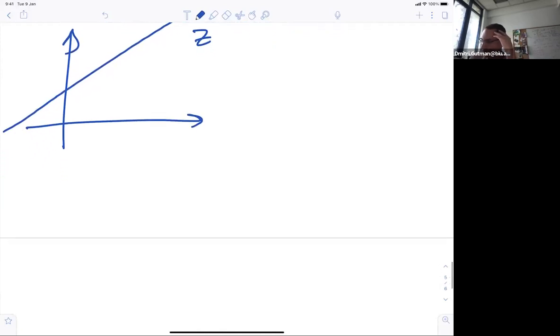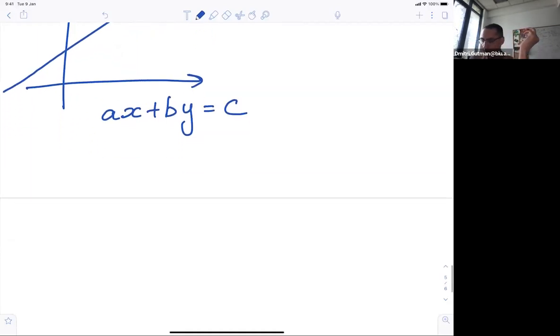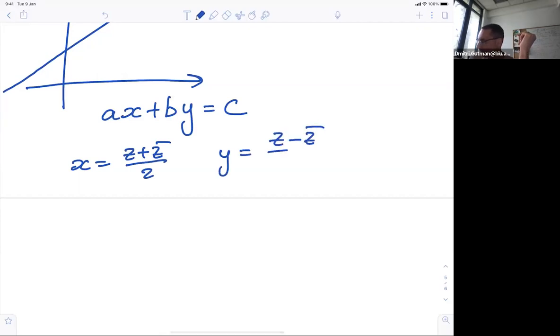A straight line is described by an equation that looks like a times x plus b times y is equal to c. So how can we write this line in complex coordinates? The same trick: x is z plus z bar divided by 2, and y is z minus z bar divided by 2i.